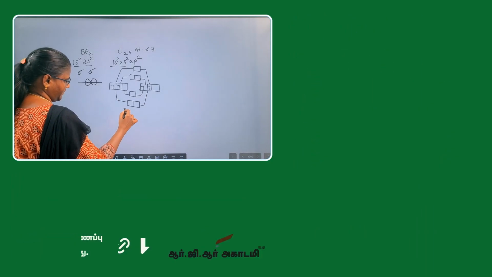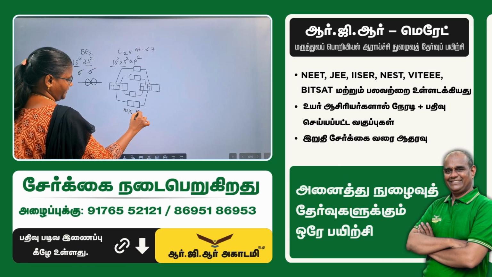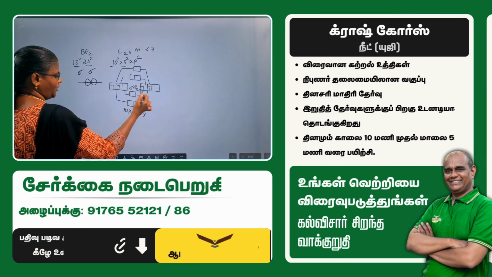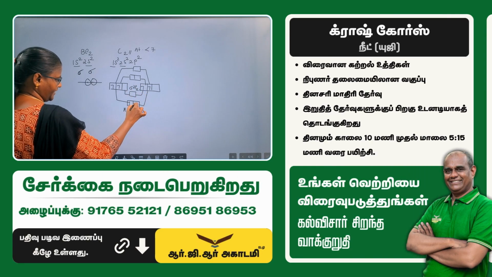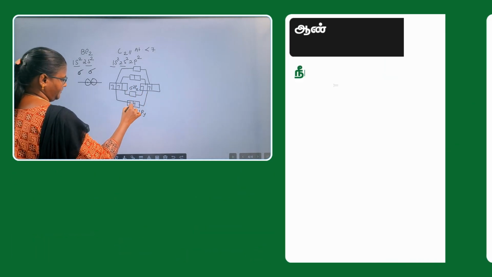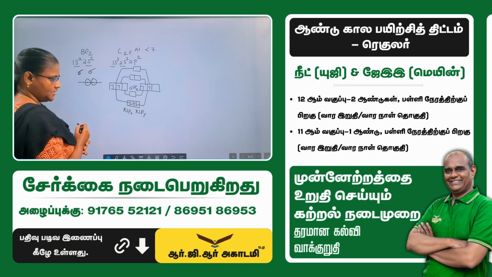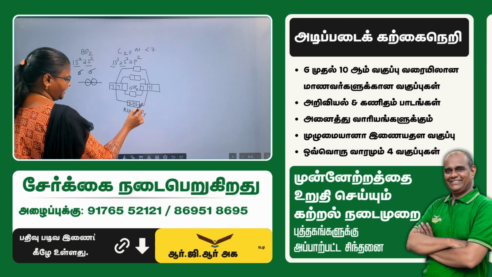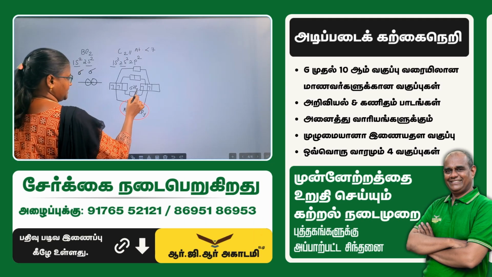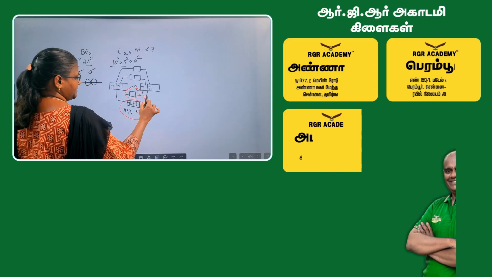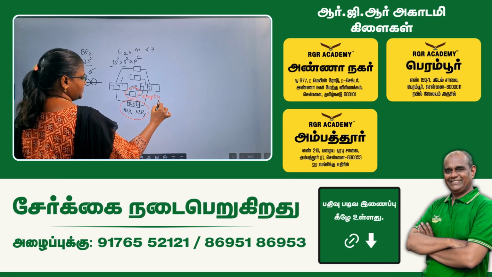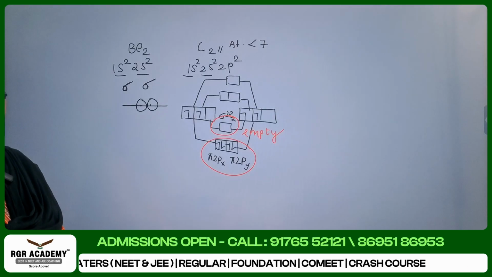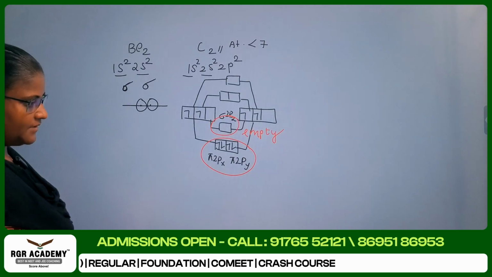So this is pi 2px, pi 2py, and this is sigma 2pz. 4 electrons, how do we fill? 1, 1 according to Hund's rule, and then pairing occurs. So here you can see the electrons are filled only in the pi orbitals. The sigma orbital is empty, so it does not have sigma bonding because there are no electrons in the sigma bonding; only pi bonding is there.